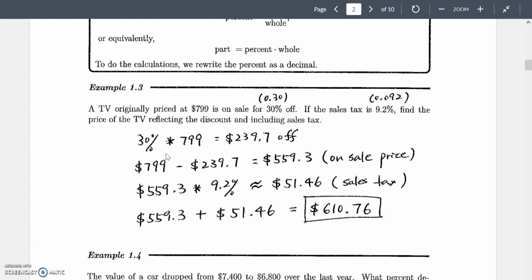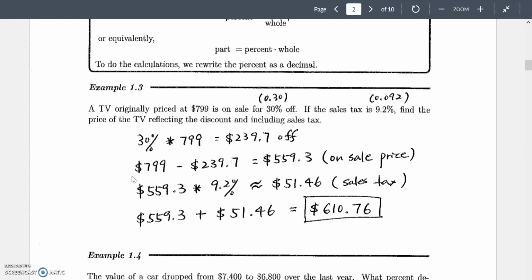That's how much money you'll be discounted. Now let's figure out the new sale price. We take the original price $799 minus $239.70. Now the TV is only $559.30. That's the sale price.